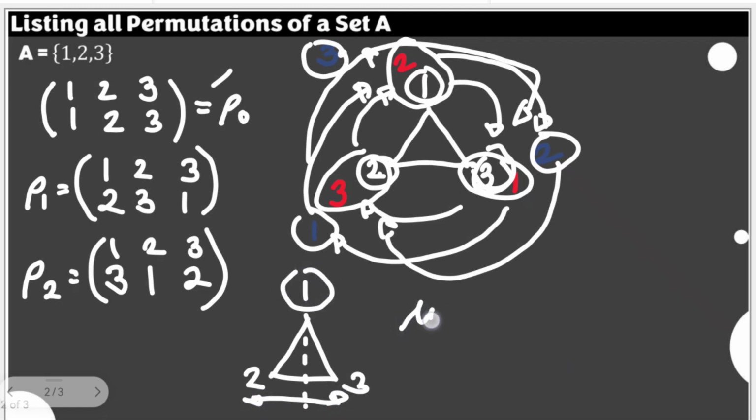This would be our mu sub 1, our fourth permutation. 1, 2, 3. Again, 1 is just 1 itself. 2 will be mapped to 3, and 3 will be mapped to 2. As you fold this, you would see that 3 will be placed here, 2 will be placed here, and 1 will still be here. So that's your mu sub 1.